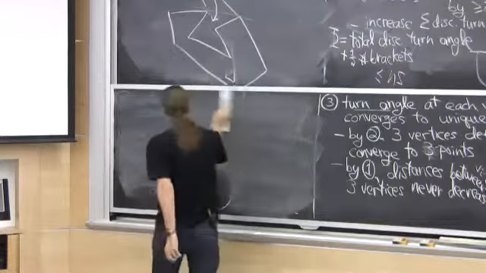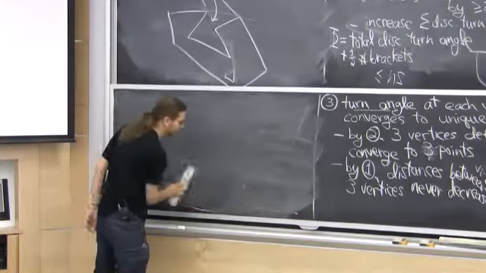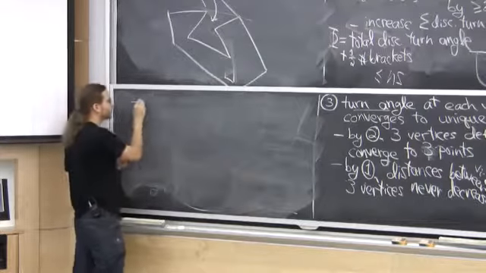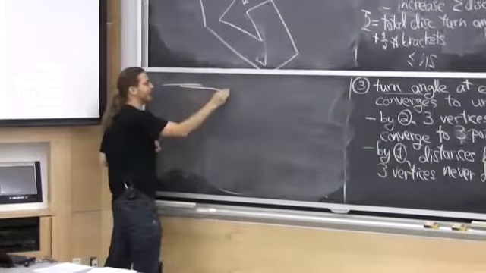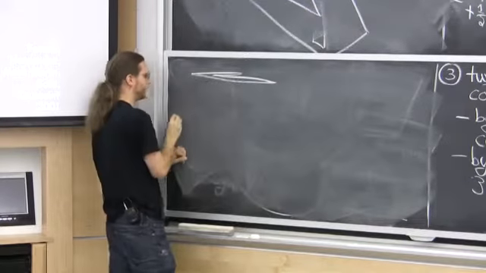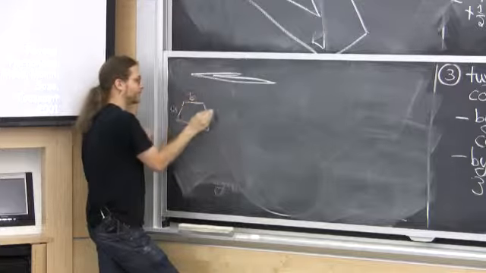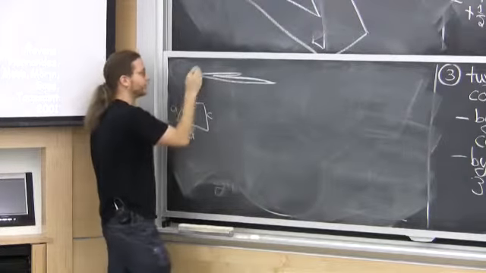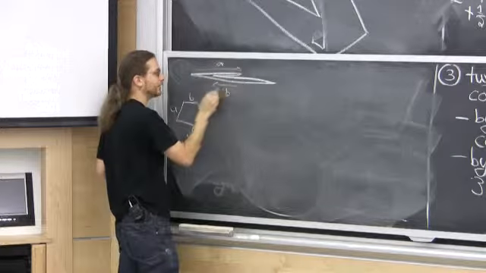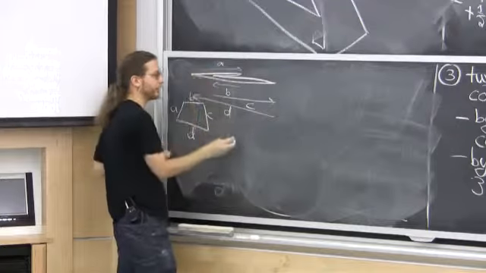Just to give you an idea why that polygon works and what quadrilaterals actually work. If you want a quadrilateral to lie flat in the end, you measure out the lengths. So let me draw it convex to get started. We have A, B, C, and D. So here we go right A, then we go left B, then we go right C, then we go left D. We want those to close up in the end.